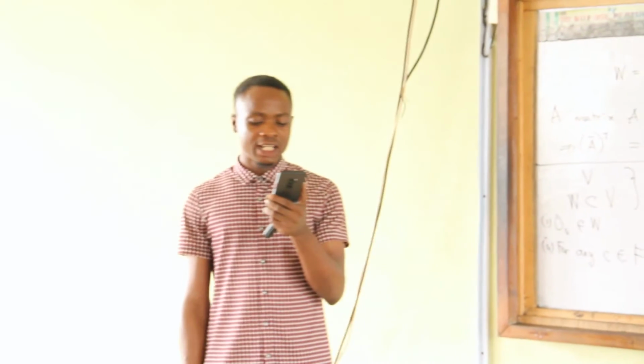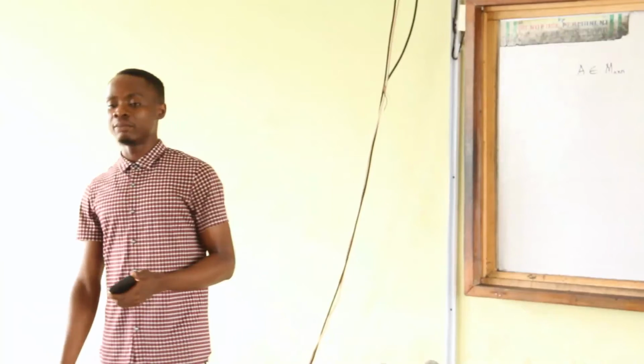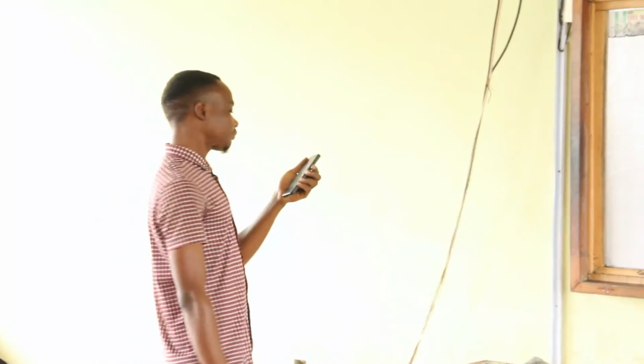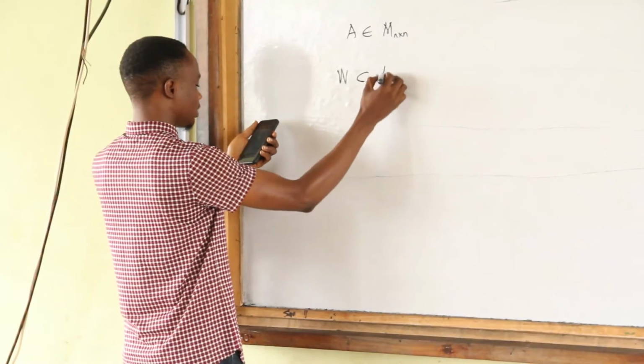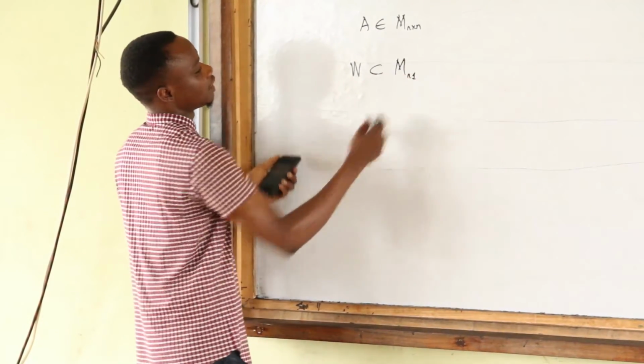Number 6. Let A be an element of M, the n by n square matrices, and show that this set W, which is a subset of M_{n×1}, of all solutions of A (n by n) x (n by 1) equal to 0 (n by 1), is a subspace of M_{n×1}.